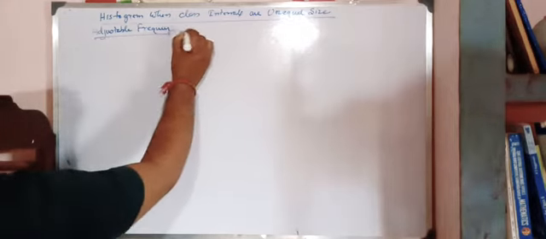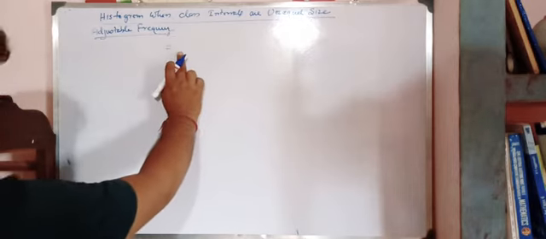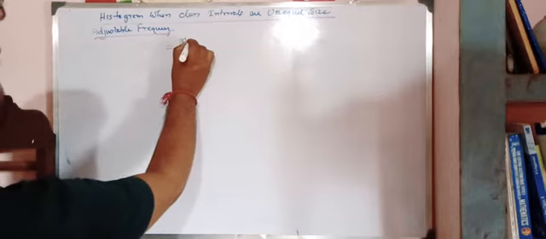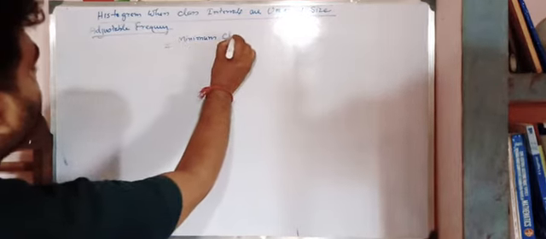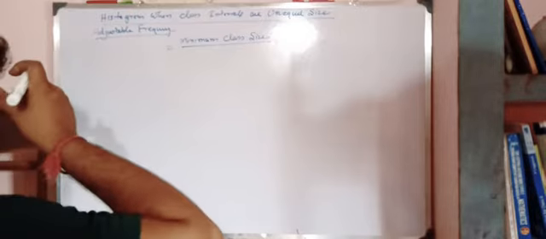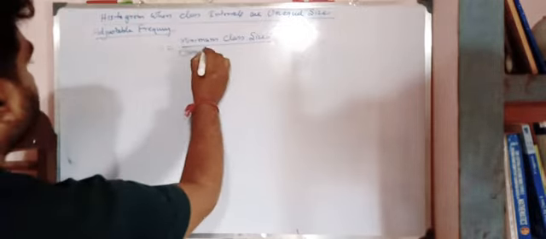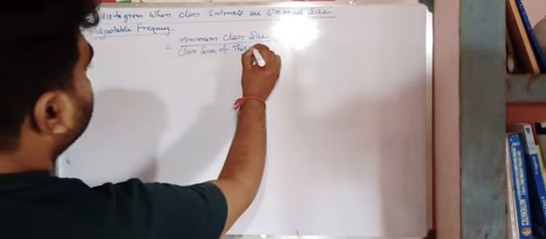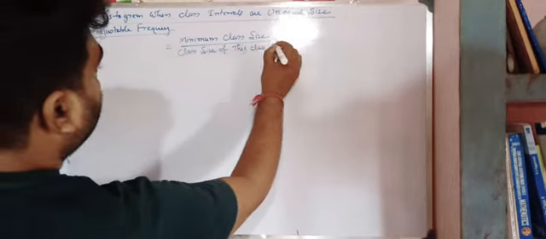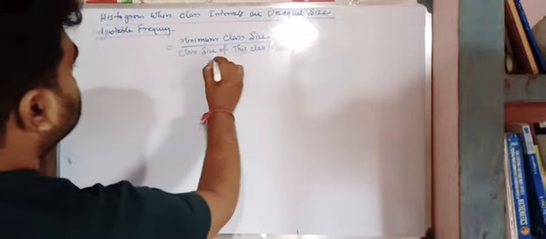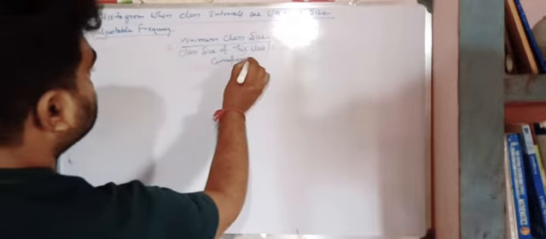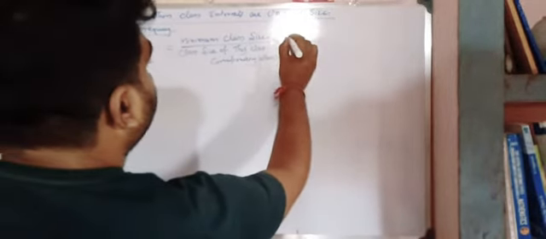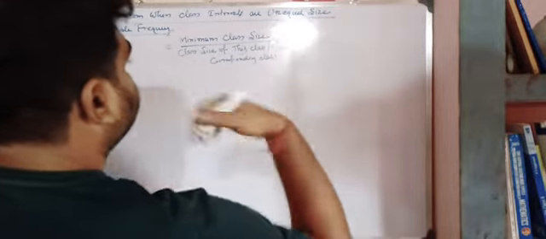The formula for adjusted frequency is equal to the minimum class size divided by the class size of this class, or the corresponding class, into its given frequency.